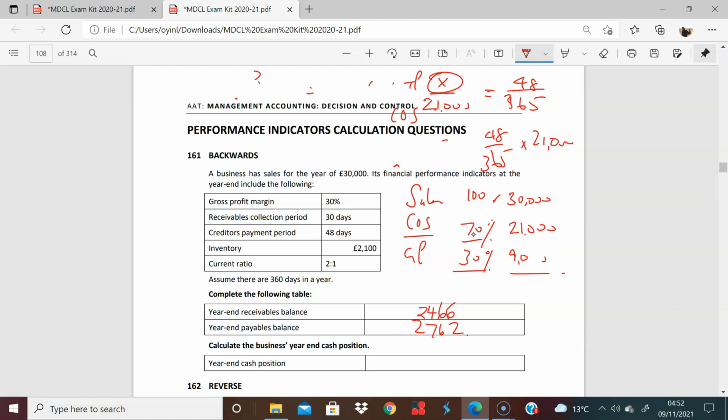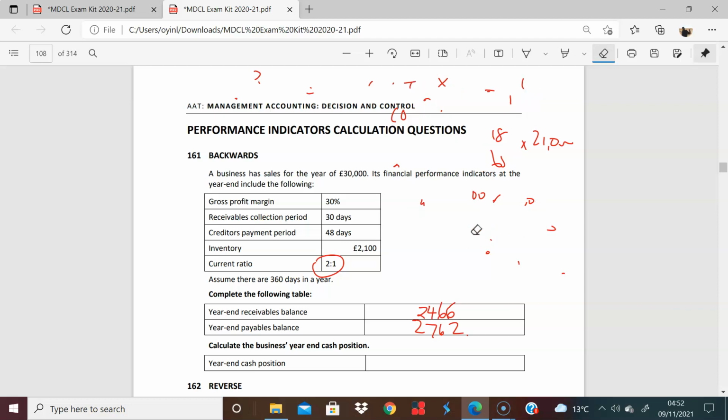Then you're given this current ratio, and you're also given inventory. The current ratio is really current assets over current liabilities, of course, and it's telling you this is 2 to 1, so this is 2/1.